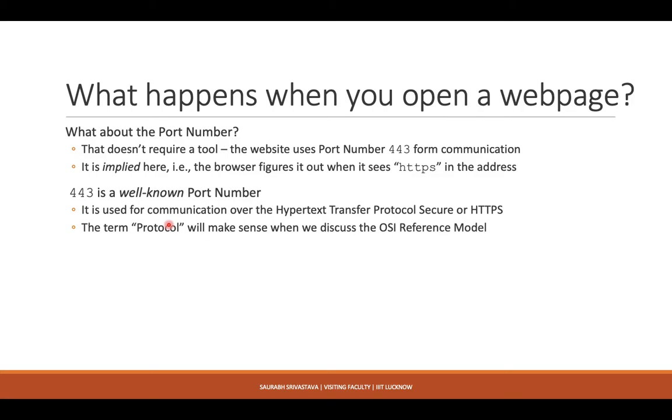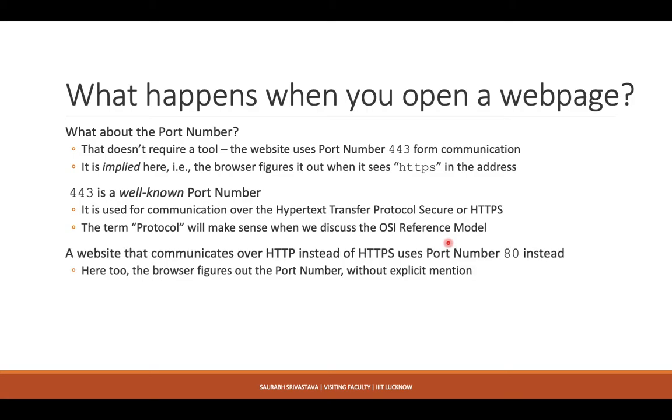and we call these communication standards protocols also. So HTTPS, or hypertext transfer protocol secure, is a protocol through which two machines communicate with each other over, let us say, the internet. There is something known as the OSI reference model, so we'll revisit the term protocol once we have seen that.